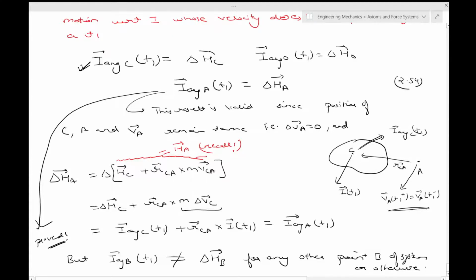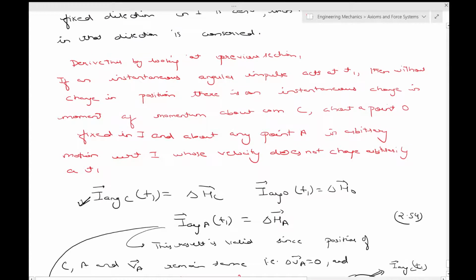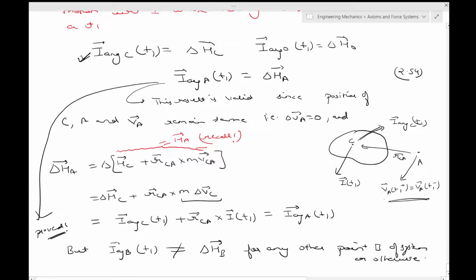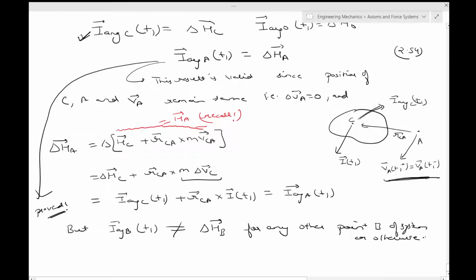There are a few restrictions about this point A: it must be any point A in arbitrary motion in I whose velocity does not change arbitrarily at t1. So it cannot just be written for any point B. It is only for a specific point A which satisfies those conditions, because they are used in the proof which we have just seen.